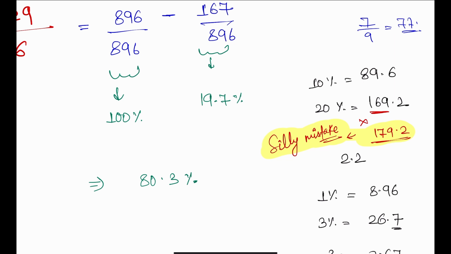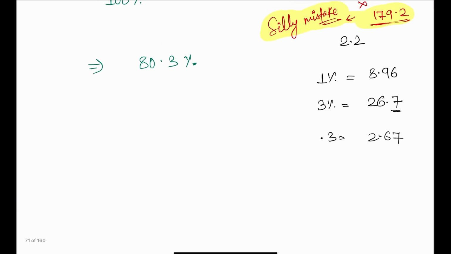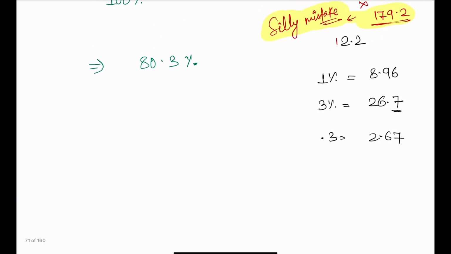So 167 plus 3 is 170, 3 plus 2 is 12.2, so it is 12.2 more. So 1% is already 8.96. Suppose if it's 9 also, so 3 is more.